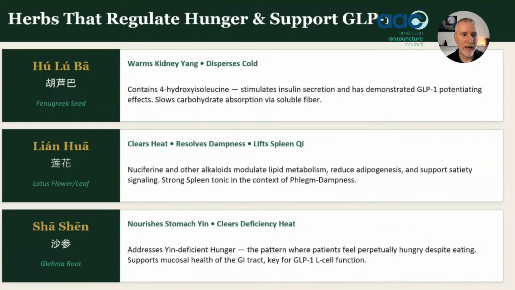So huluba is in the category of warming the kidney yang and dispersing cold, and it contains this substance called 4-hydroxyisoleucine, which stimulates insulin secretion and has demonstrated GLP-1 potentiating effect and slow carbohydrate absorption via its soluble fiber.